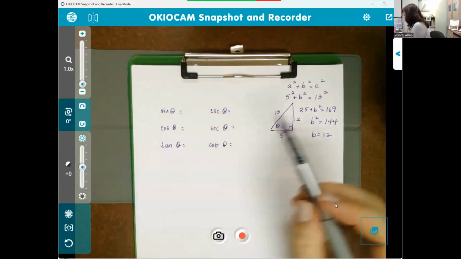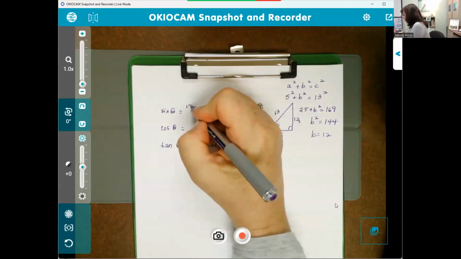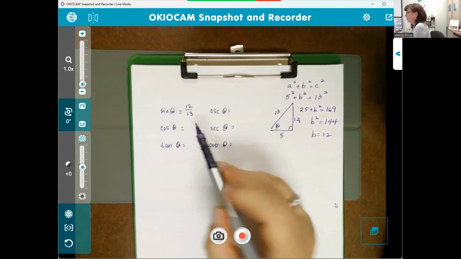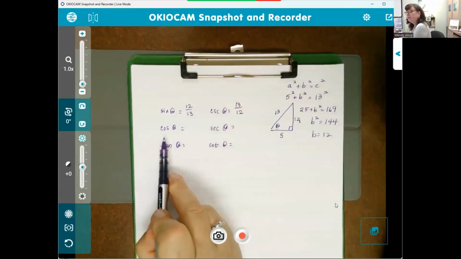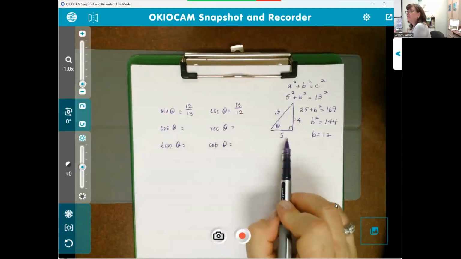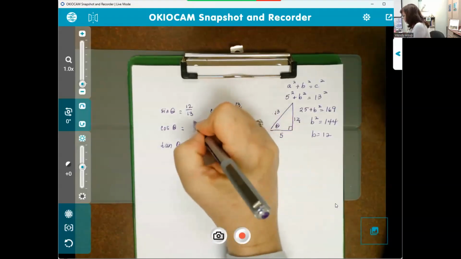All right, sine is the opposite over the hypotenuse, 12 over 13. Therefore, the cosecant is the reciprocal of that. It's 13 over 12. Cosine is adjacent over hypotenuse. So the side touching it, 5, over the hypotenuse, 13.